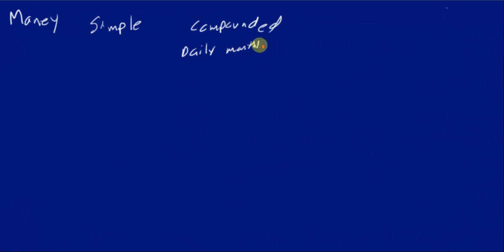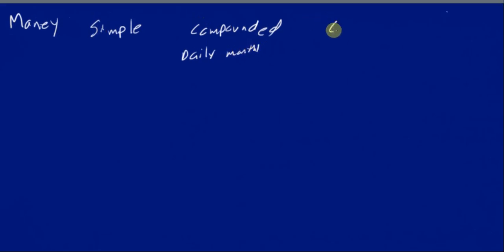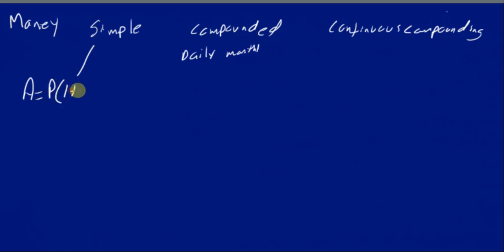And then there's something called continuous compounding. And these are all formula driven. So our simple interest formula is going to be A equals P times 1 plus R raised to the T.